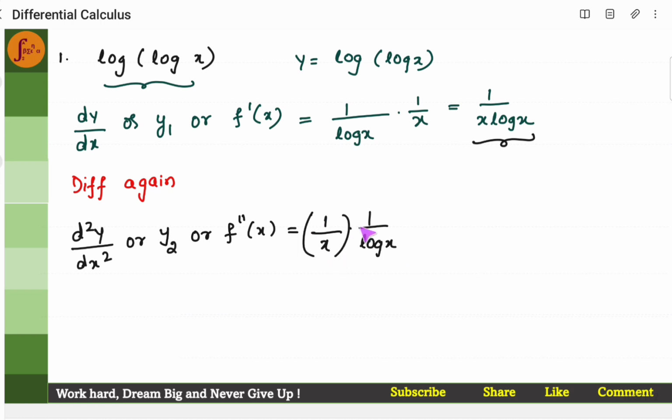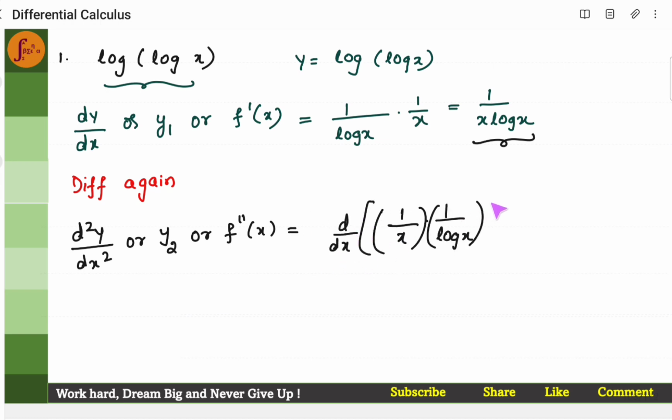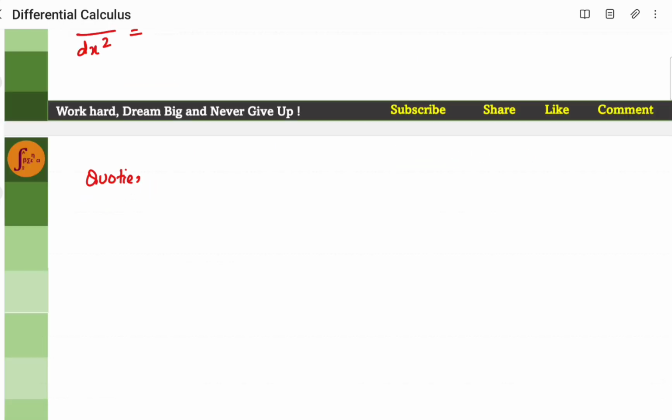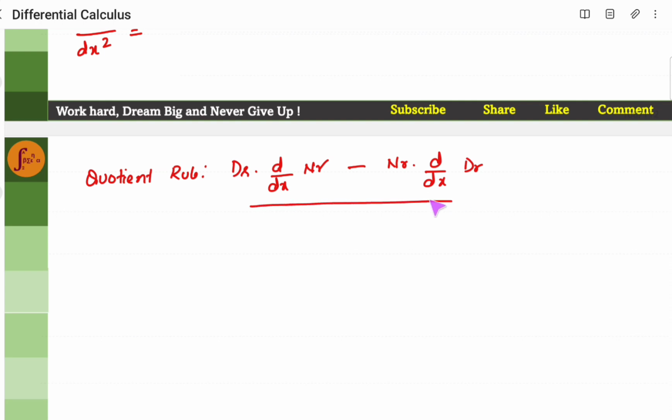Two functions, so I have to find the derivative of this entire thing. I'll have to use the quotient rule. Quotient rule states denominator into derivative of numerator minus numerator into derivative of denominator, by denominator square.